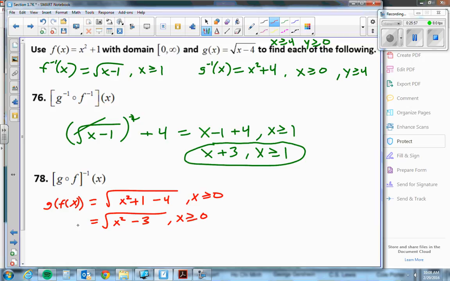Nothing else we can do with that. So what is the restriction on it? A square still can't produce negatives, right?